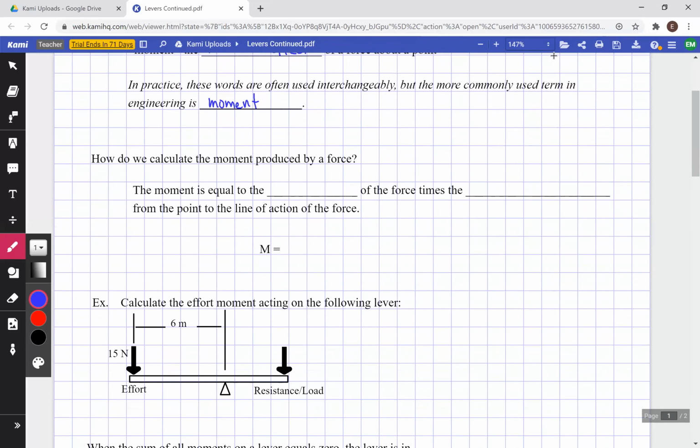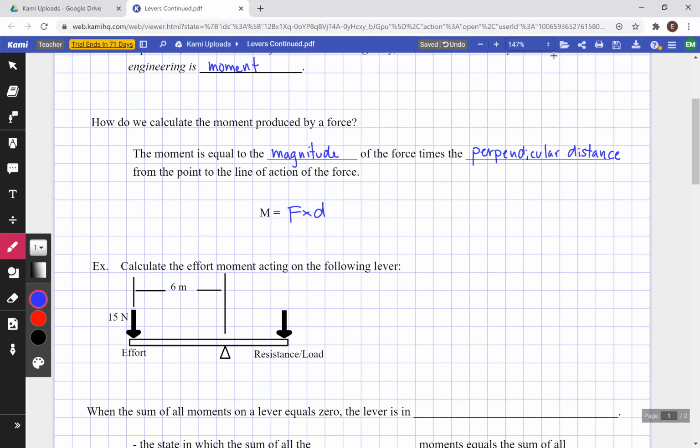So the moment is equal to the magnitude of the force times the perpendicular distance from the point to the line of action of the force. So the moment is just the force times the distance.